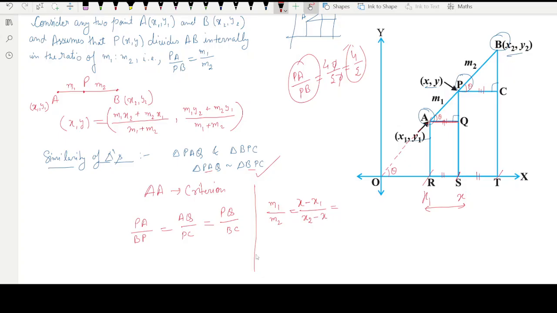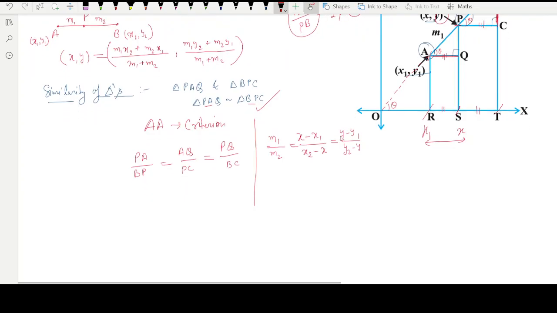For PQ, this is y minus y1, and for BC, this is y2 minus y. I think you are all connected.